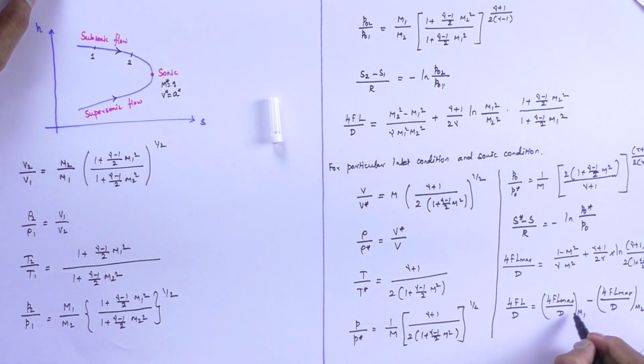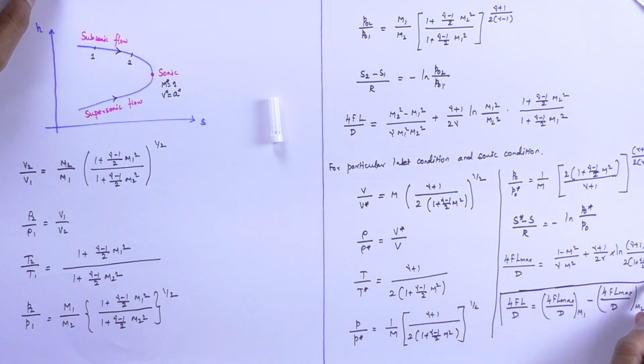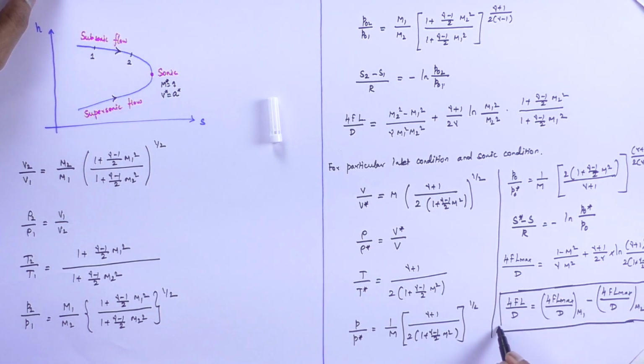So, this value for inlet Mach number minus this value for exit Mach number will give us the duct length value. So, this is a very important formula.